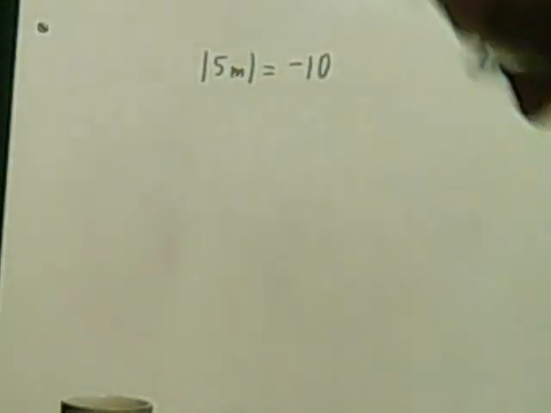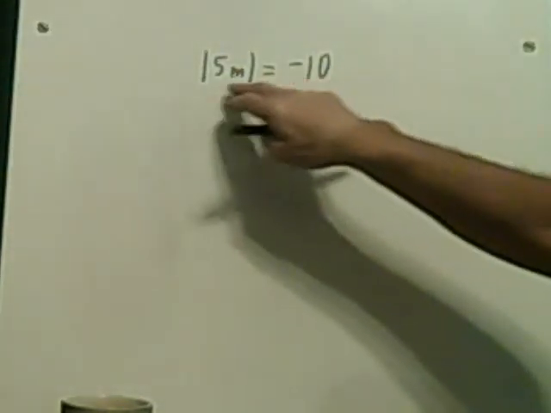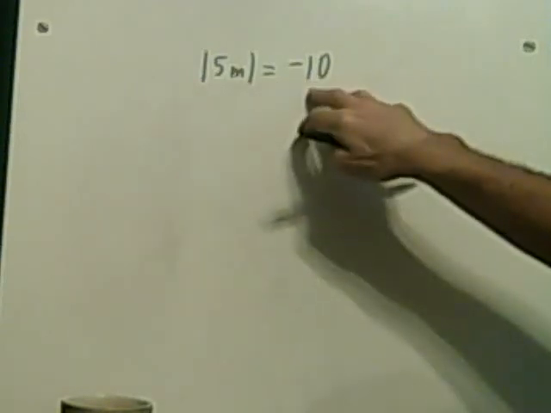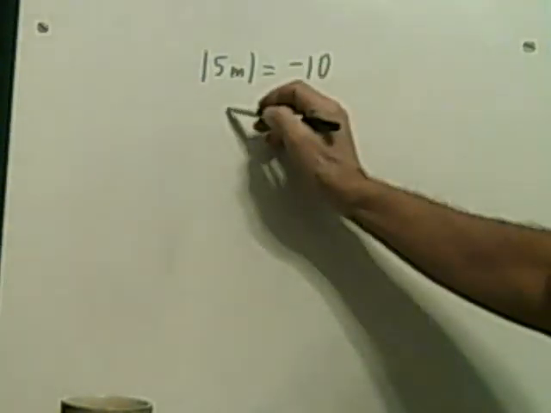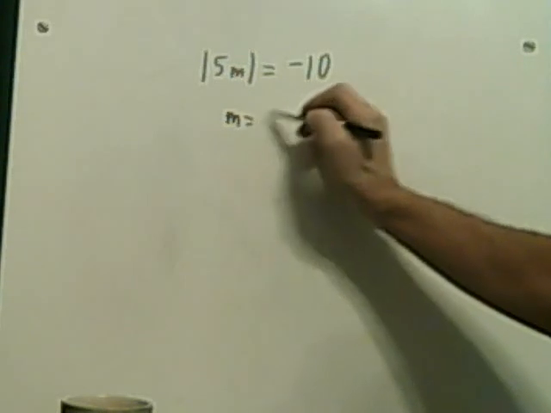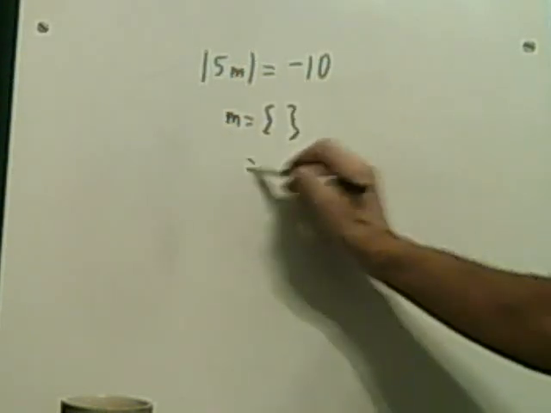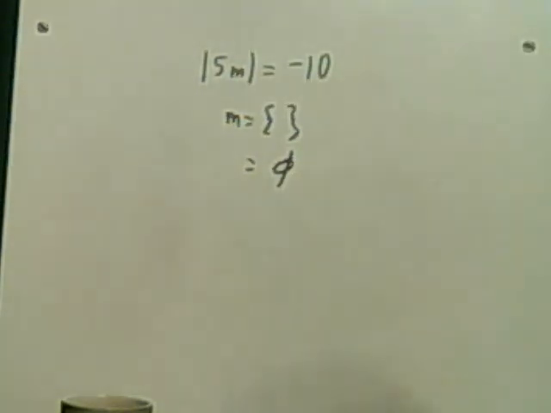I made that mistake earlier when I first started this assignment. This is a trick, because the absolute value of 5m can never equal a negative number. There is no solution. So m is equal to the empty set. There is no solution, or also known as the empty set. No solution.